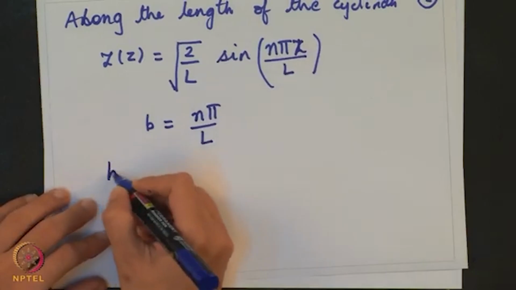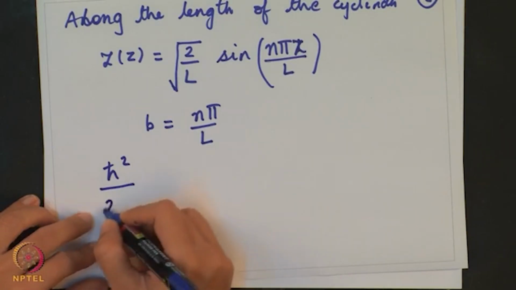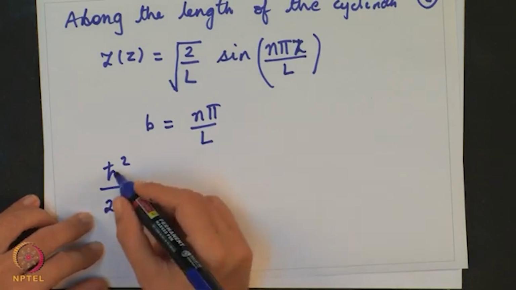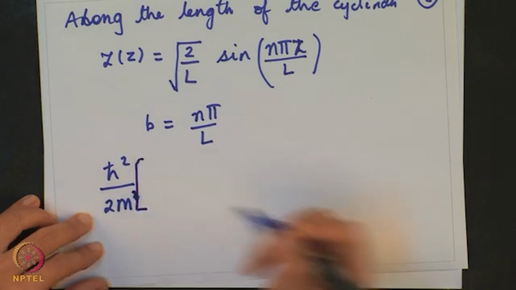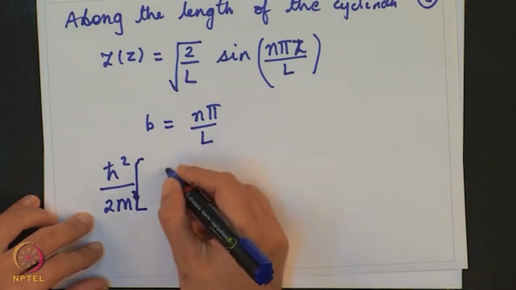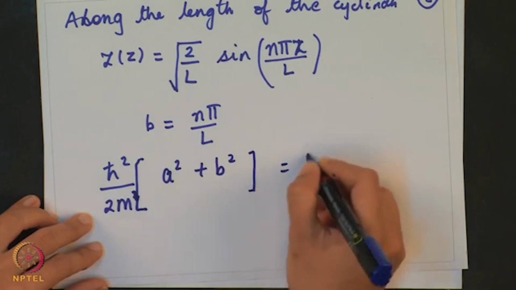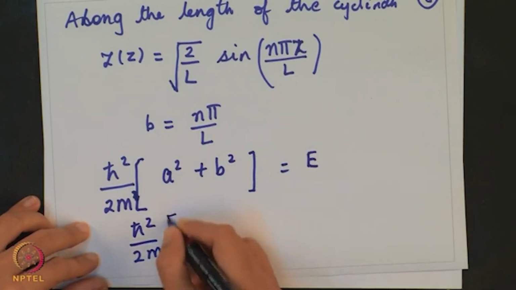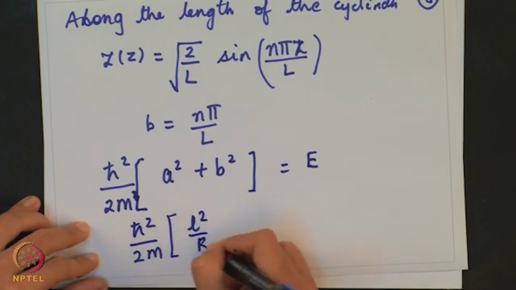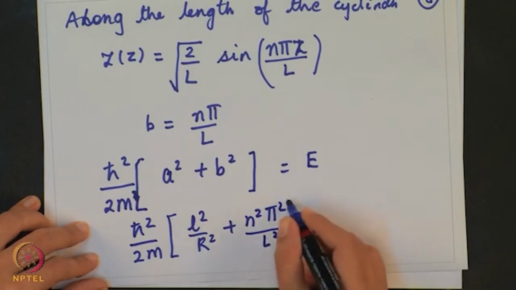So, now this final expression, the energy eigenvalue, is h cross square upon 2m times A square plus B square, which we saw will be nothing but h cross square upon 2m times L square upon R square plus n square pi square upon L square.